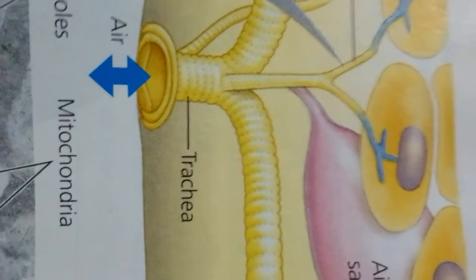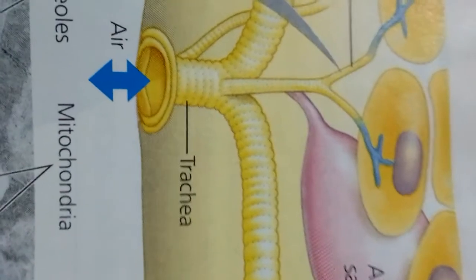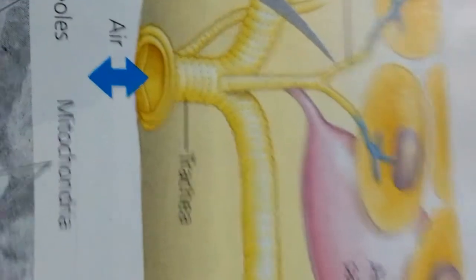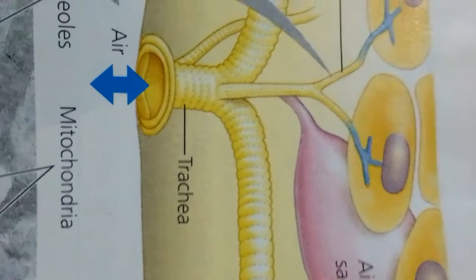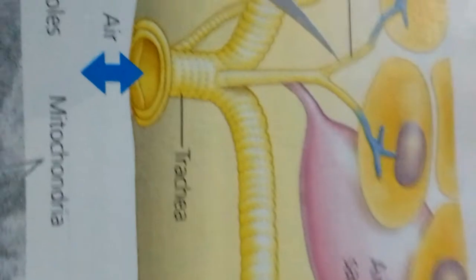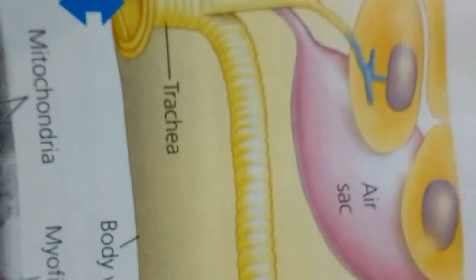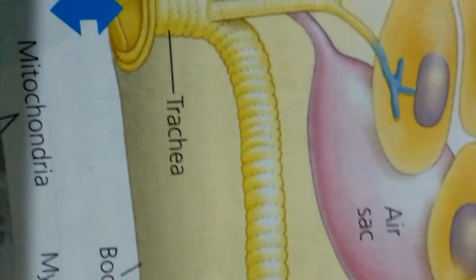In contrast, most reptiles, including birds, and all mammals, rely entirely on lungs for gas exchange. Turtles are an exception. They supplement lung breathing with gas exchange across moist epithelial surfaces in their mouth and anus.